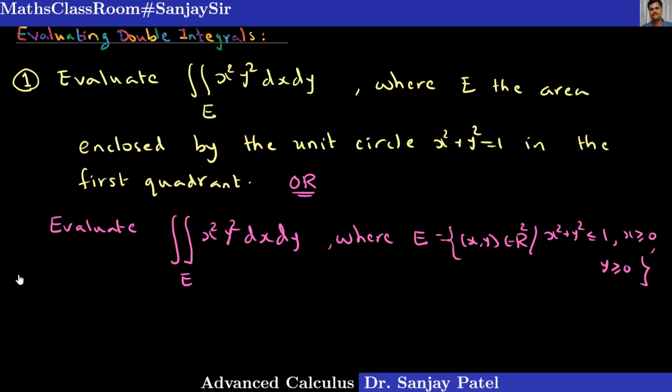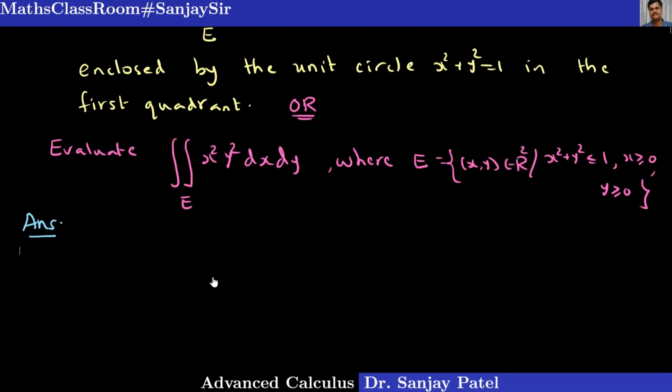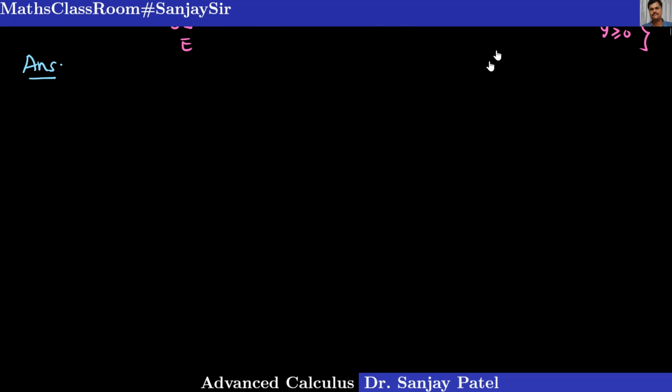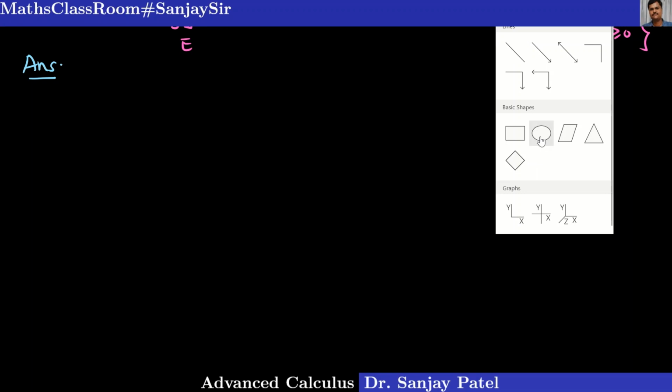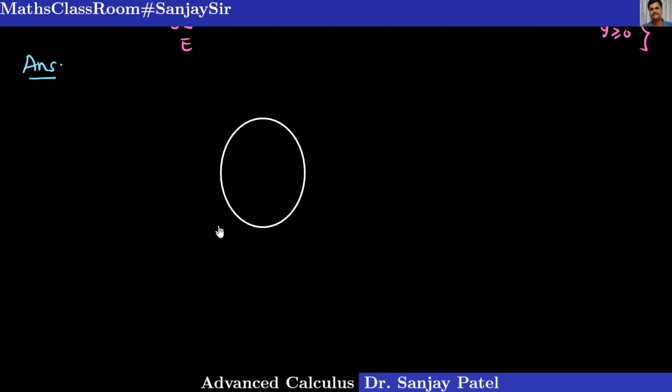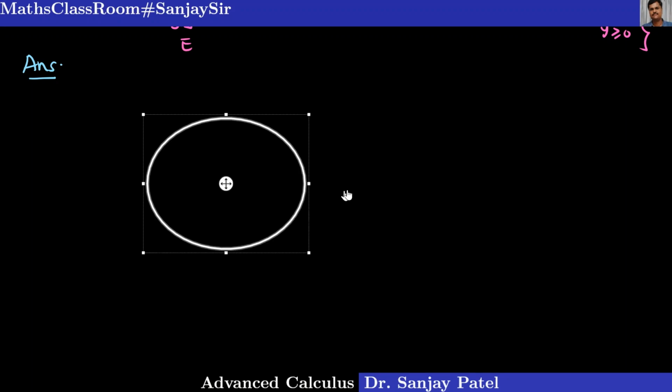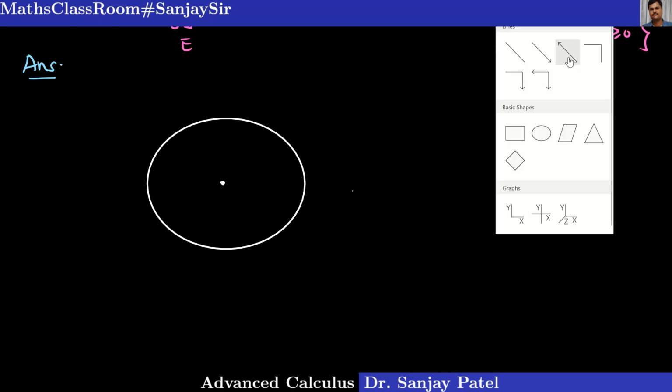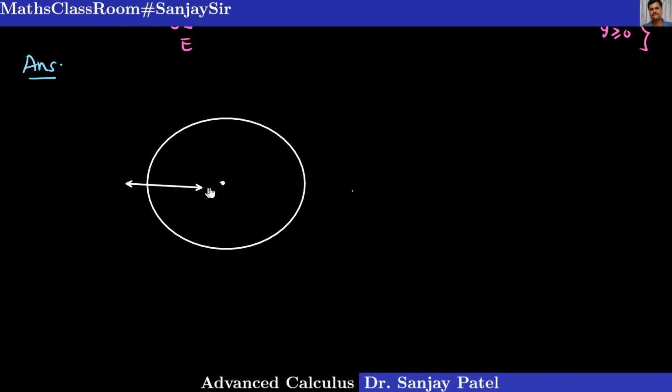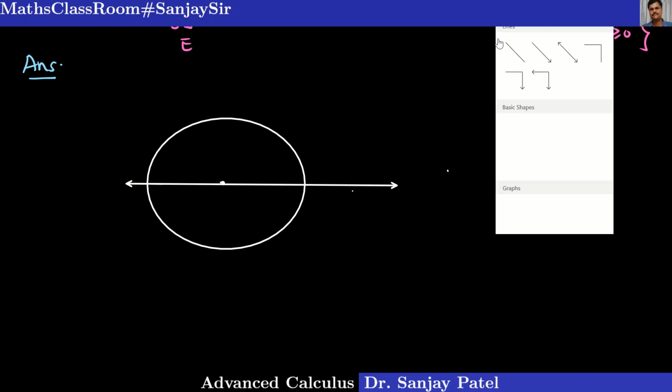That means the portion of the unit circle in the first quadrant. So let us draw the figure for this. I will take first a circle. This is a unit circle and this is the center, and let me draw the x-axis and y-axis.